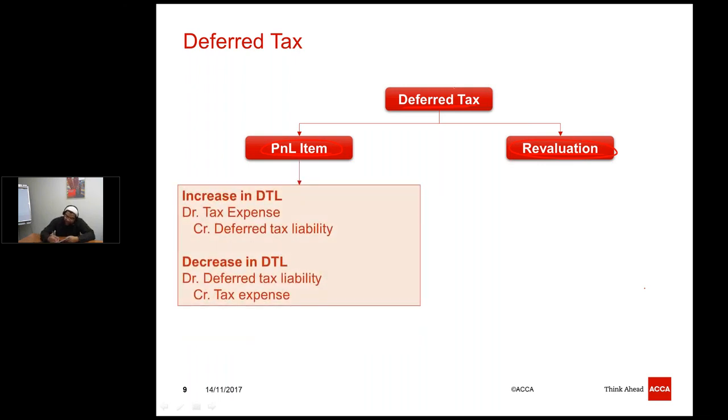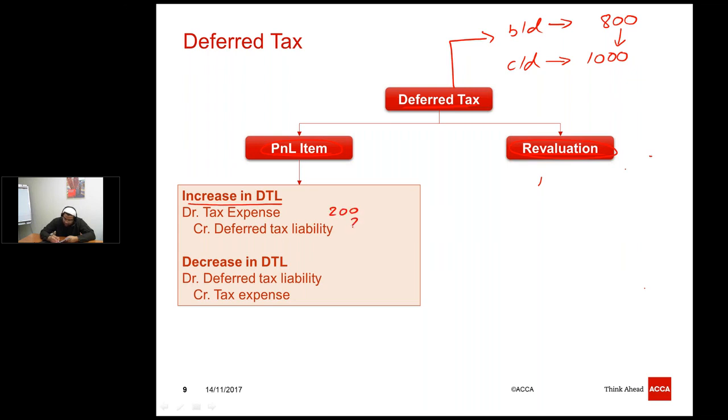So what do we do? Basically, we calculate the deferred tax carried down and we compare it with the brought down. For example, if the deferred tax liability carried down is 1000 and the brought down was 800, this means that the deferred tax liability is increasing by 200.